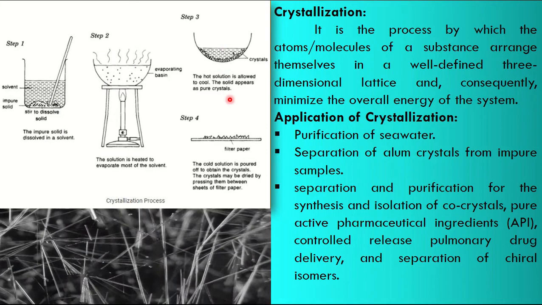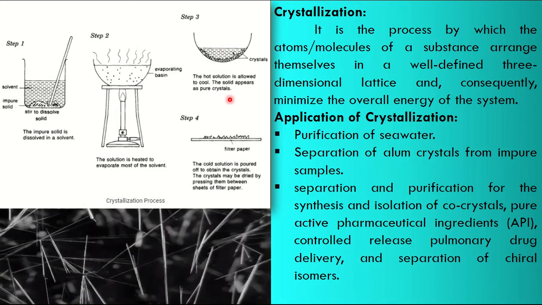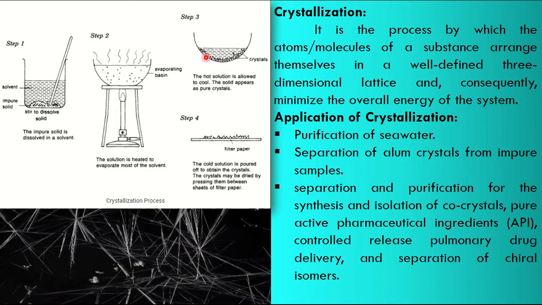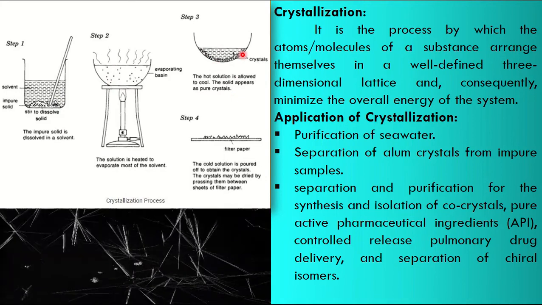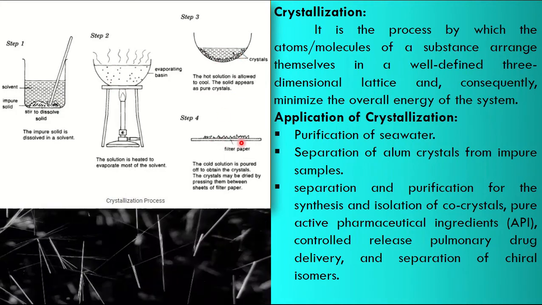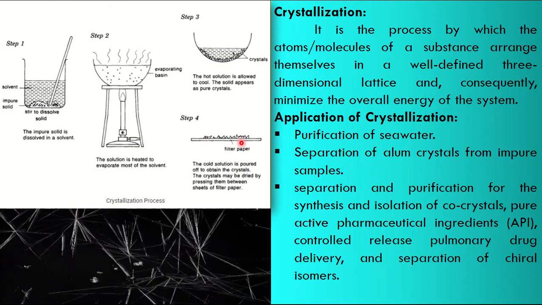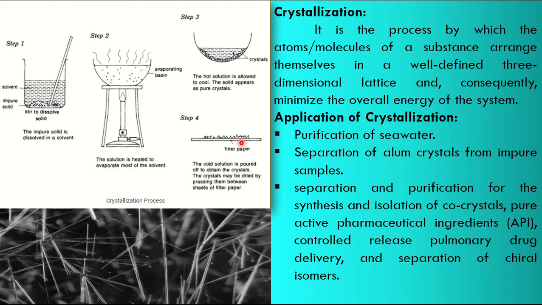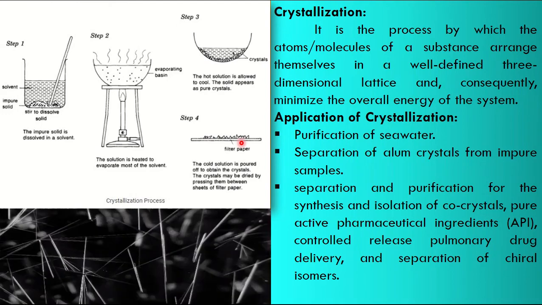When the hot solution gets cooled, we can clearly observe the formed crystals. Then these crystals can be separated by the filtration process. Then we can get the pure crystals.